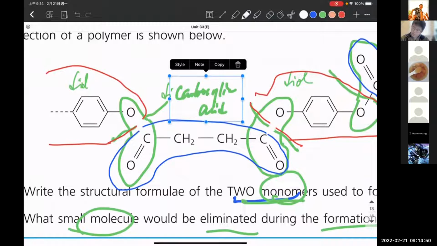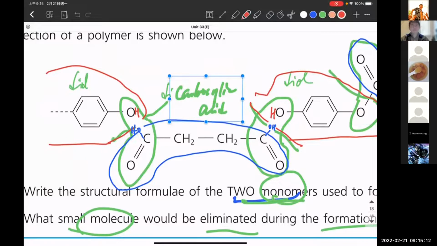And what should be added? H2O, right? So how do you add? You add H here, and you add OH. Similarly, you add OH and mark it as H here. So it is the way we add back the water.